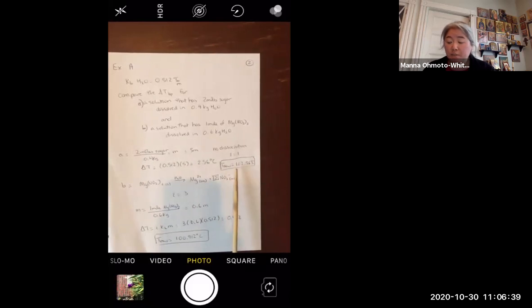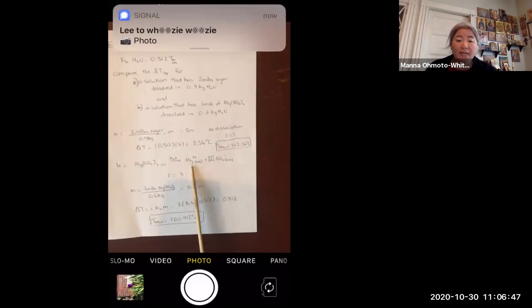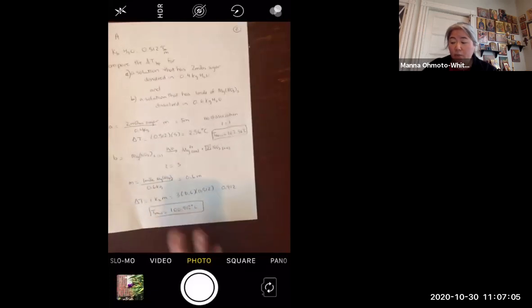So my new boiling point will be 2.56 degrees Celsius above the normal boiling point of water, which is 100 degrees Celsius. However, if I have my magnesium nitrate solution, magnesium nitrate in water will dissociate completely into 1 mole of magnesium 2+ ions and 2 moles of nitrate ions. So in total, the number of moles of ions created per mole of magnesium nitrate is 3. So the Van't Hoff factor is 3. The molality of this will be 1 mole of magnesium nitrate over 0.6 kilograms, or 0.6 molal.